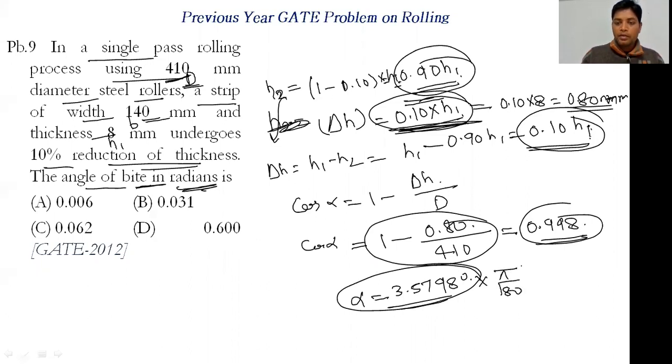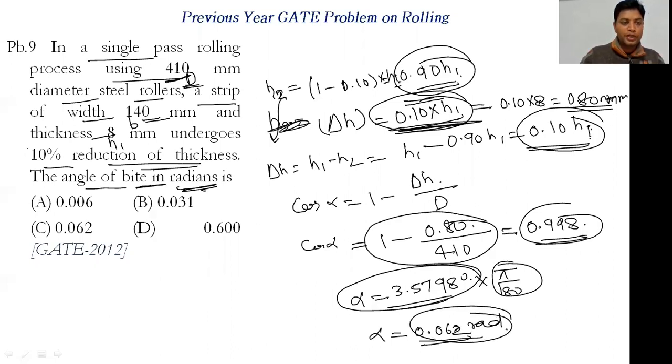Here I am getting 0.062 radian, so the option will be C.